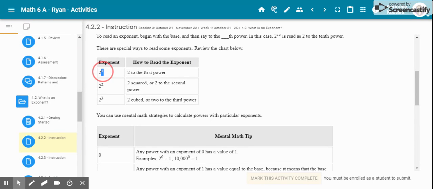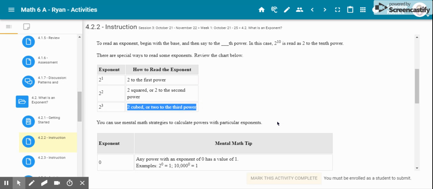So let's look at this. 2 with an exponent of 1 is read as 2 to the first power. 2 with the exponent of 2 is 2 squared, or 2 to the second power. 2 with the exponent of 3 is 2 cubed, or 2 to the third power. You can feel free to pause the video and write these down, or take a screenshot of this to add to your notes.